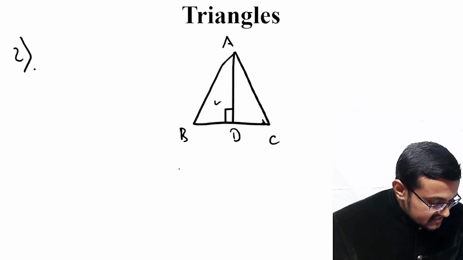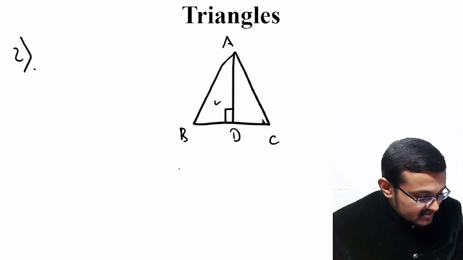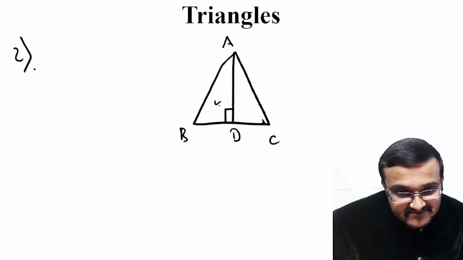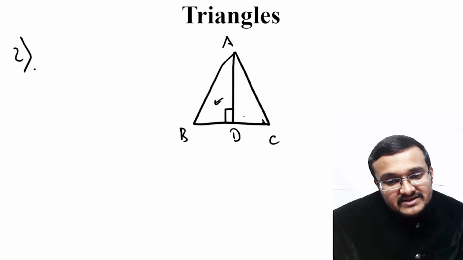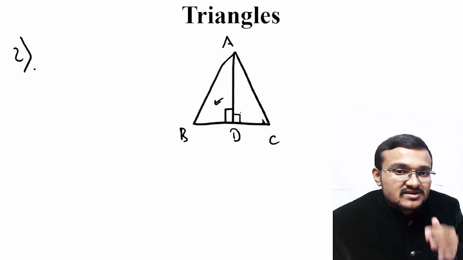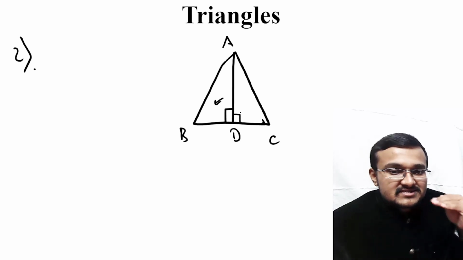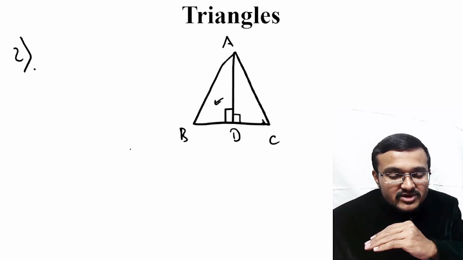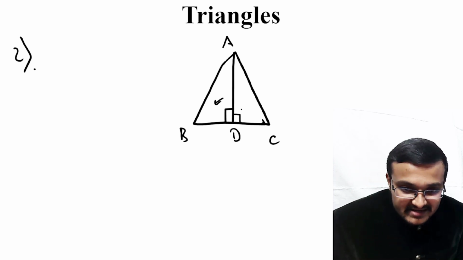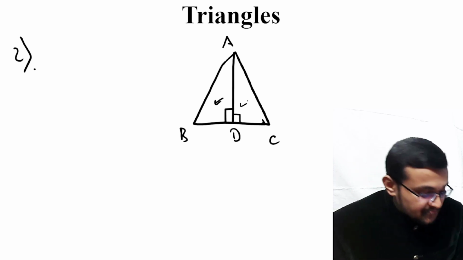Since BC is a straight line, and if this angle is equal to 90 degree, then this angle should also be equal to 90 degree because BC is a straight line. Straight line means total angle will be 180 degree. So if this angle becomes 90 degree, then this angle also become 90 degree. So these two angles are 90 degree.